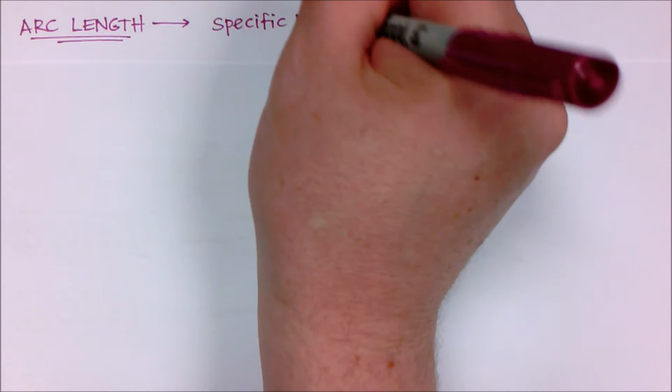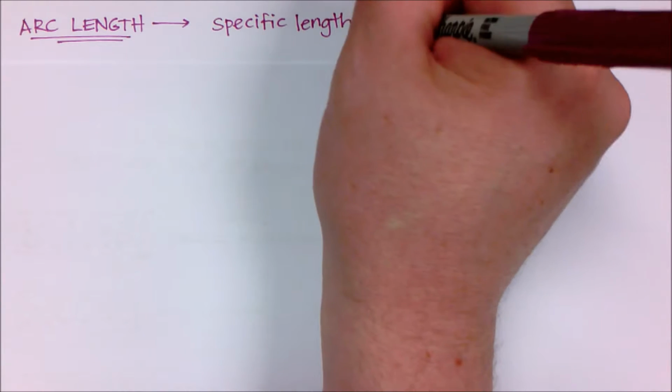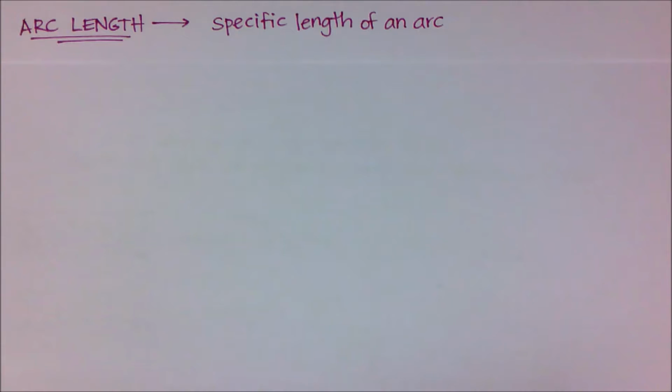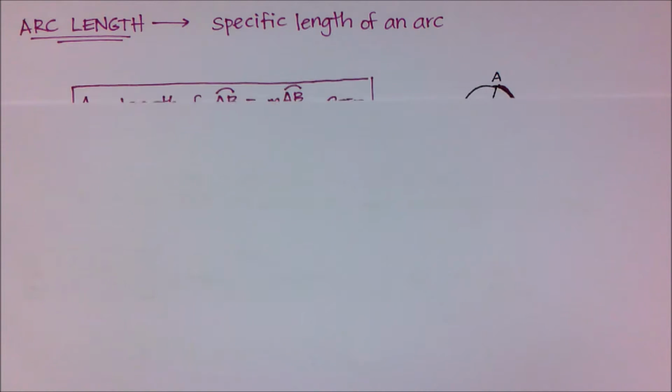In our last chapter we talked a lot about arcs, and when we measured an arc it was in degrees. Now we're going to find what that true measurement would be if we measured it with that tape measure, so it might be in inches or centimeters or something similar.